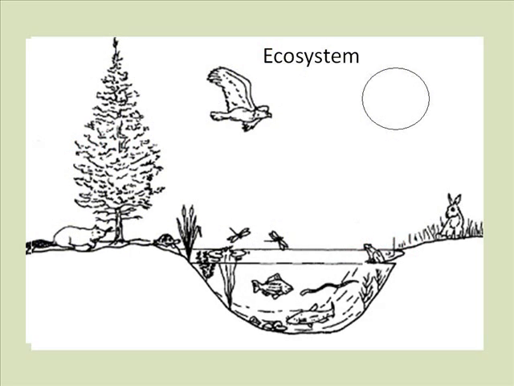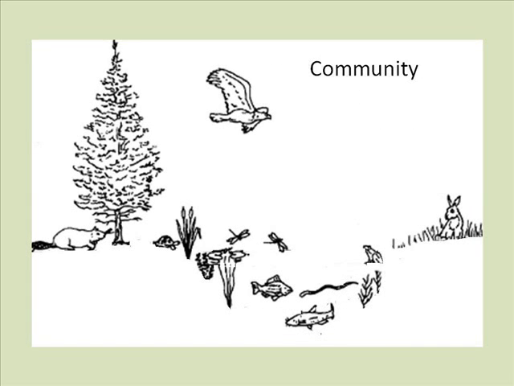Here is the picture of the pond ecosystem, and you can see all of the living and non-living things represented in this picture. If I wanted to talk about the pond community instead of the pond ecosystem, I would have to take away all of the non-living things. So what I'm left with in this picture are all the living things that are around the pond.